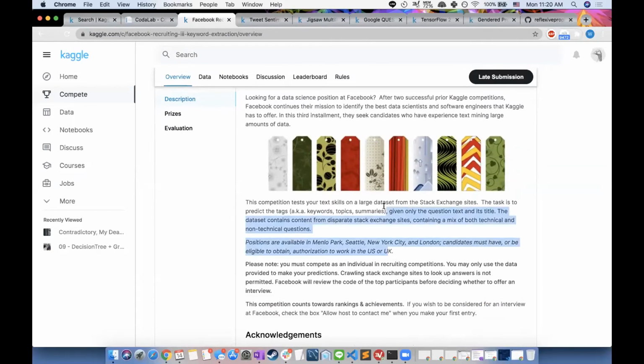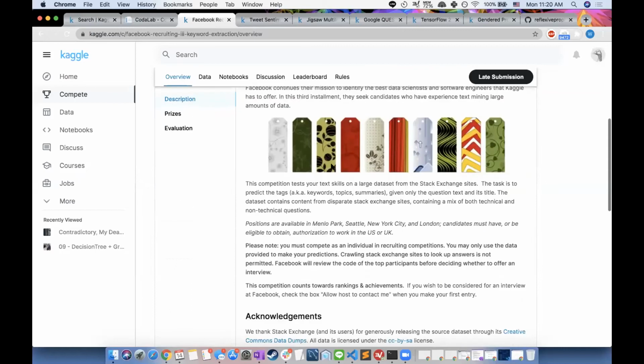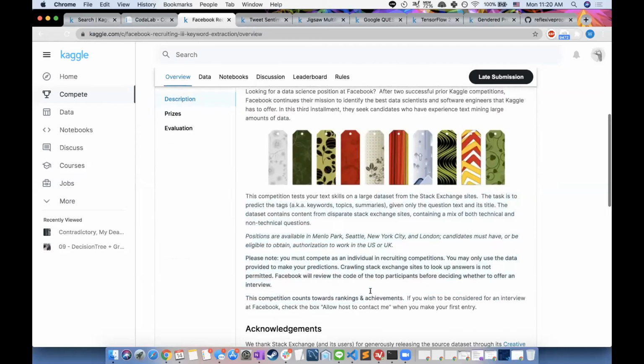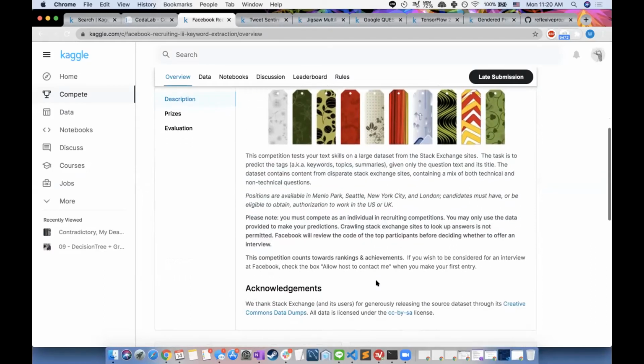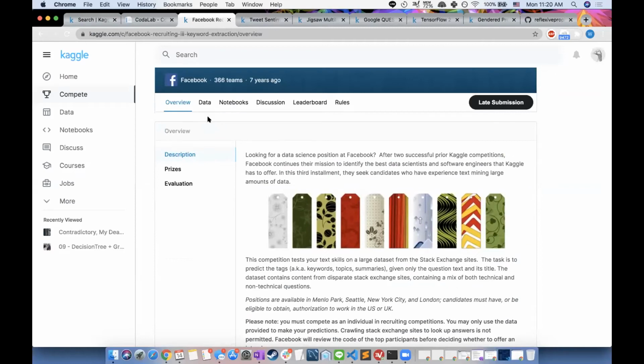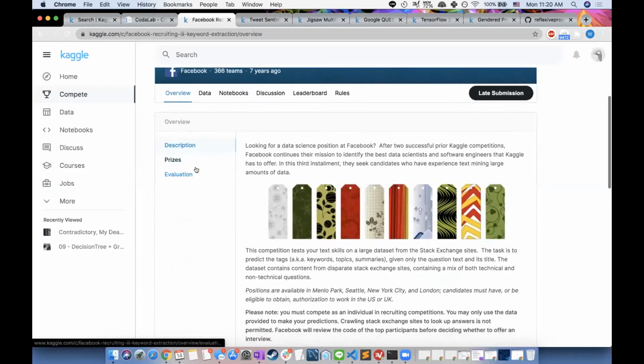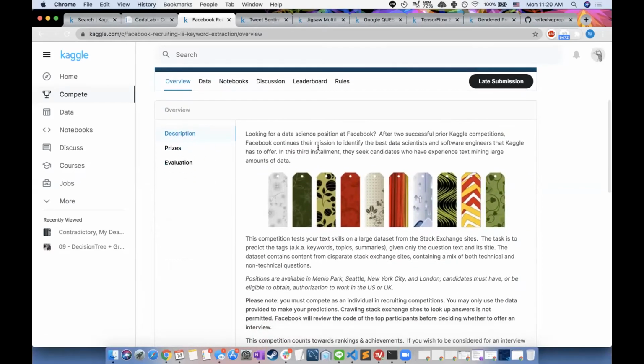Interesting. So at that time, 7 years ago, when you do these competitions, you literally probably get a chance to interview with Facebook to get into their data scientist position. But what is this? What are we doing here? They're predicting tags.